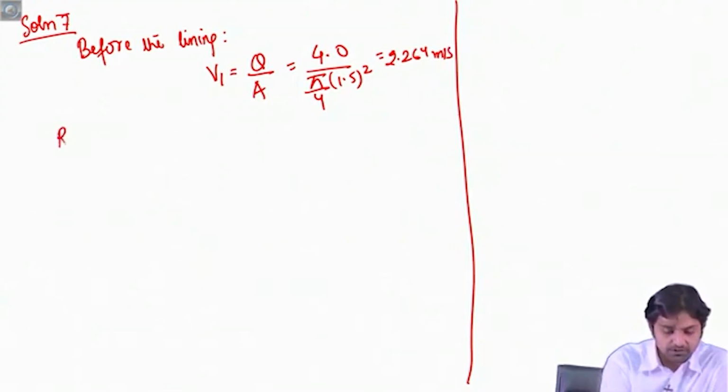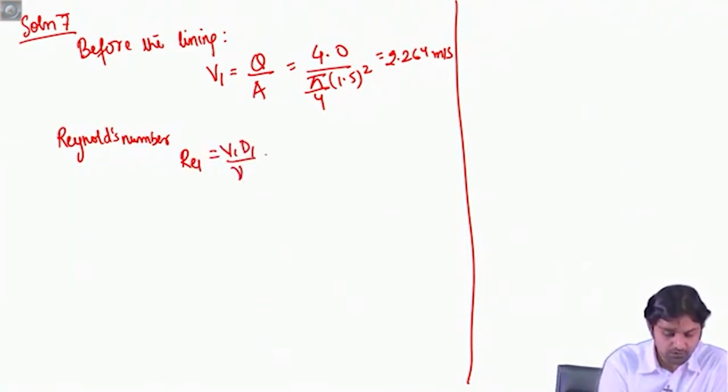For this particular case, Reynolds number, we call it RE1, is V1 D1 by nu. V1 we have already found, 2.264. Diameter we know was 1.5 meter and nu is 1 into 10 to the power minus 6.